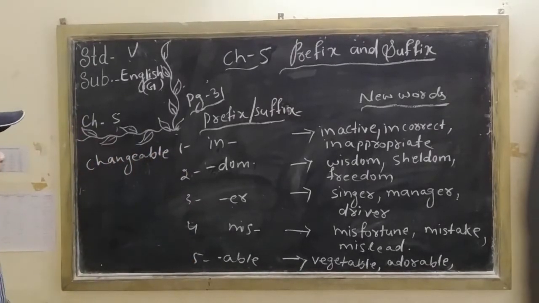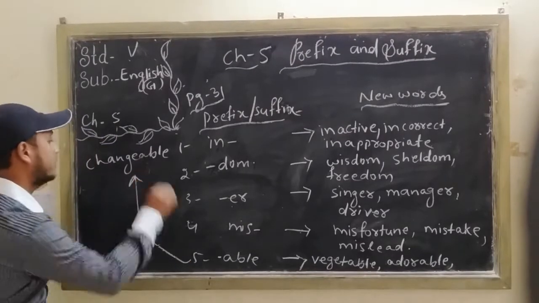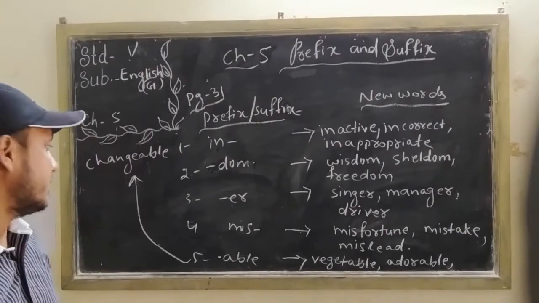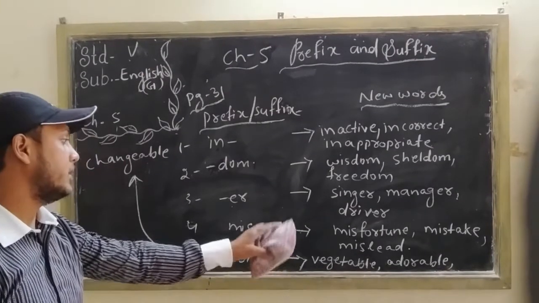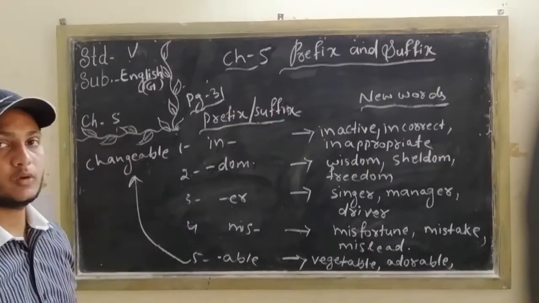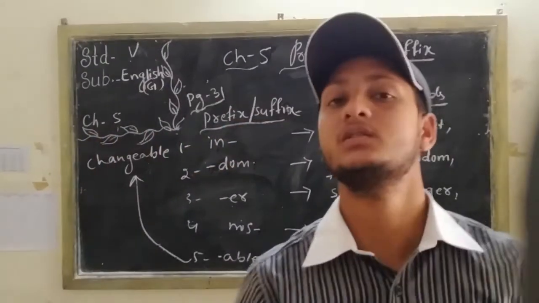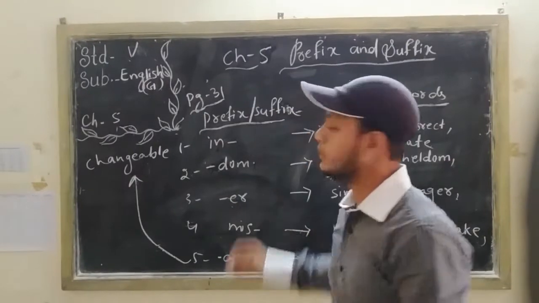So here we make a new word using this able letters. Vegetable, adorable, changeable. So in this way we can make some more new words by using some prefixes and suffixes.